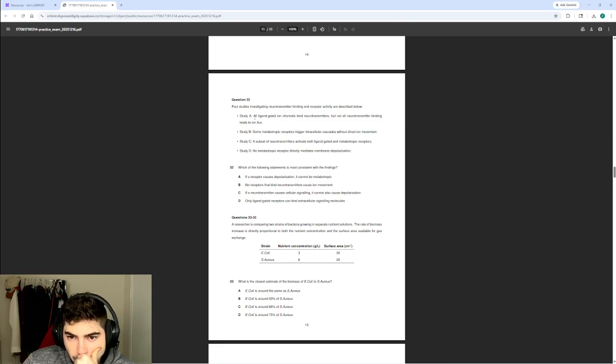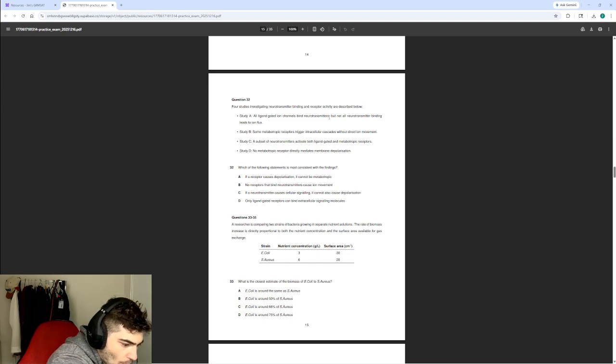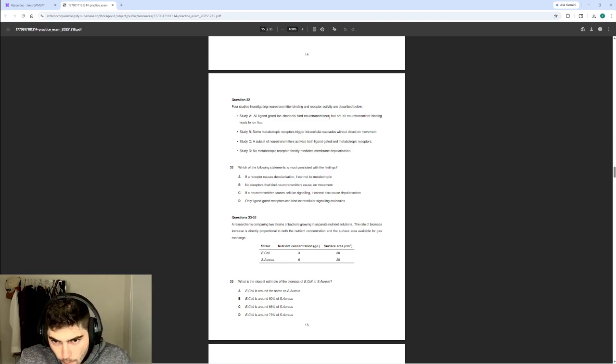All ligand-gated ion channels bind to neurotransmitters, but not all neurotransmitter binding leads to flux. Okay. Does that have anything to do with that? Okay, all ligand-gated ion channels bind to neurotransmitters.